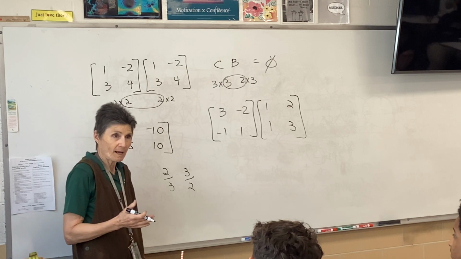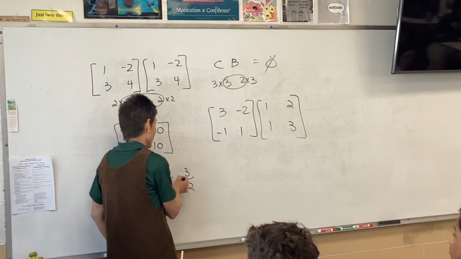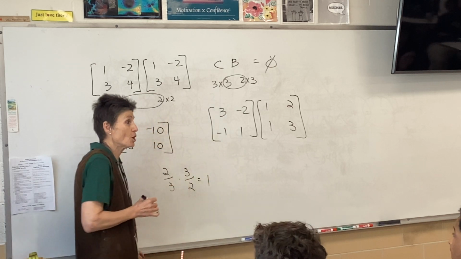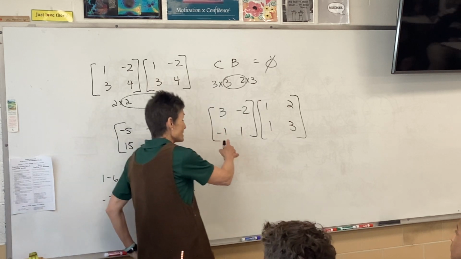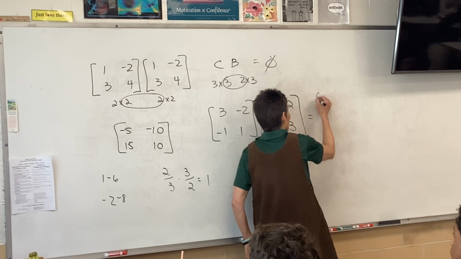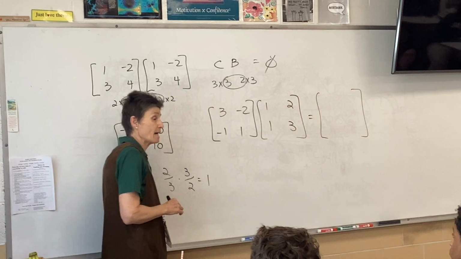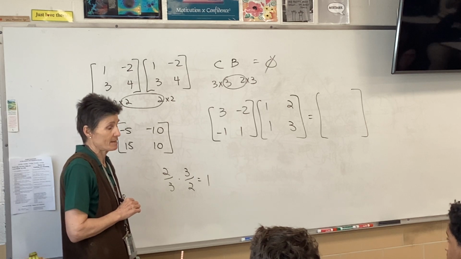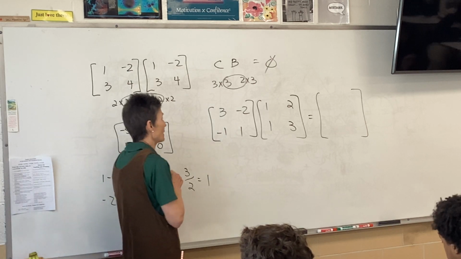When you multiply them, they cancel out, or they become one, which is known as the identity. If these are inverses, when I multiply them together, I will get the matrix identity. All right, let's look at it and see what happens.